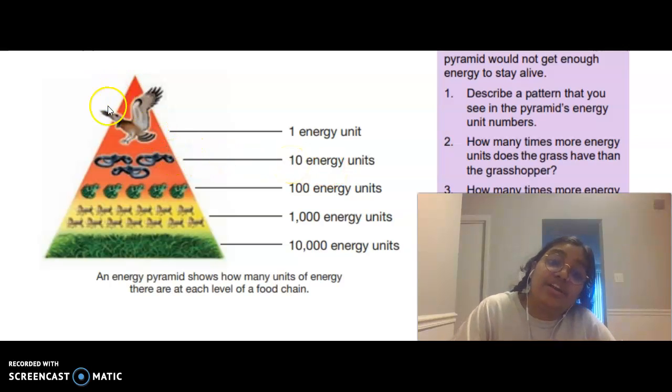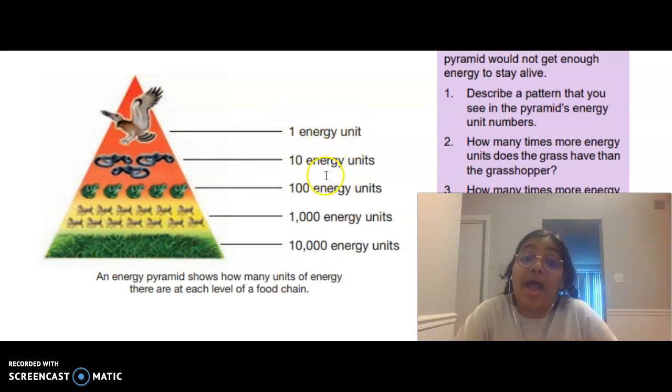Now this is a very good example of what that looks like, and this is a depiction of by how much the energy reduces. As you can see, it's literally multiplied by ten each level. When there is 1 unit of energy, if you go down, it's 10, then 100, then 1,000, then 10,000. So as you eat, the energy you receive really changes.